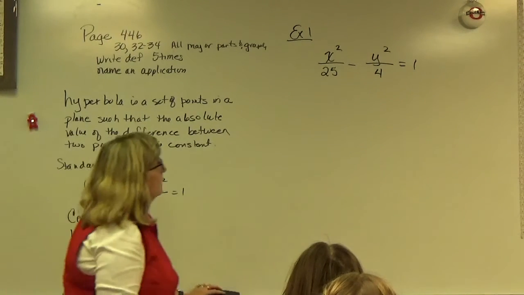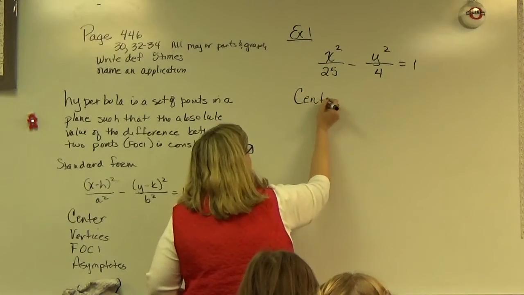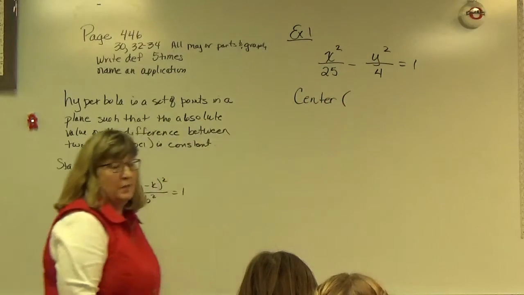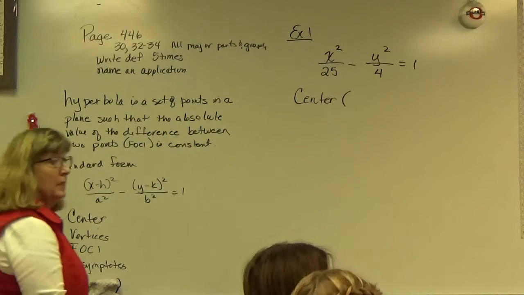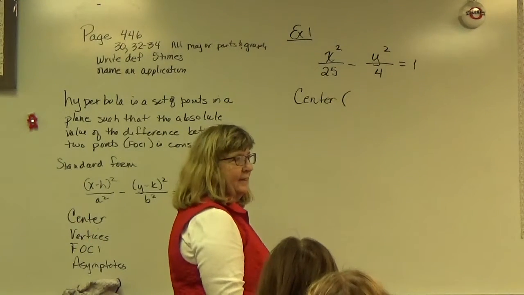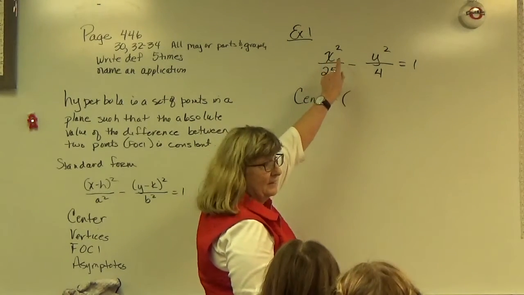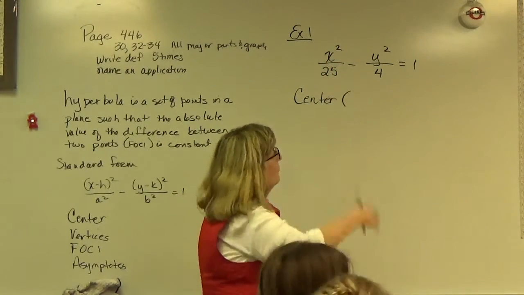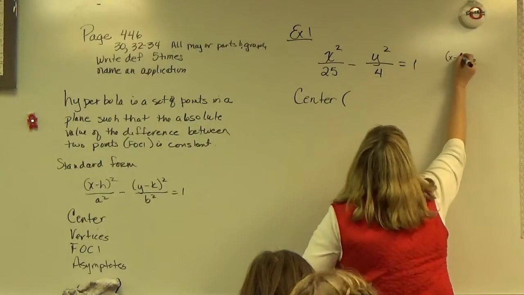Okay, now the first thing we're going to do is identify the center, which is the same way that you did with the ellipse. Let's see, Aaron, could you tell me what the center of this would be? Just like the values that we use for it. What would this start from? Just like your ellipse, so I'll give you a hint.